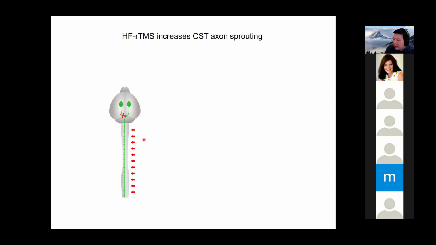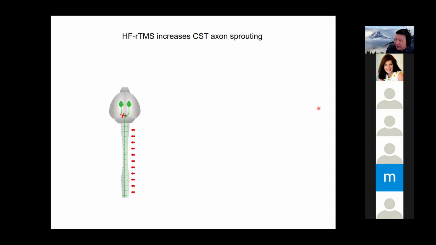Some axons here, half of those axons, remain intact and may grow new branches into the areas that used to be innervated by the saved axons. You can see here. This phenomenon is called axon sprouting and could be beneficial to patch up damaged circuitry and compensate for lost neurological function after a partial spinal cord injury.